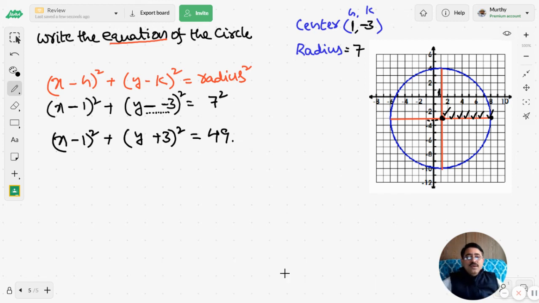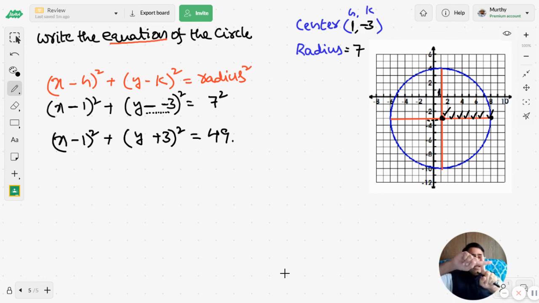Let me quickly repeat the same process. How to identify the center: you see the vertical lines and you look for the longest vertical line. In the same way, you look at the horizontal lines and take the longest horizontal line.